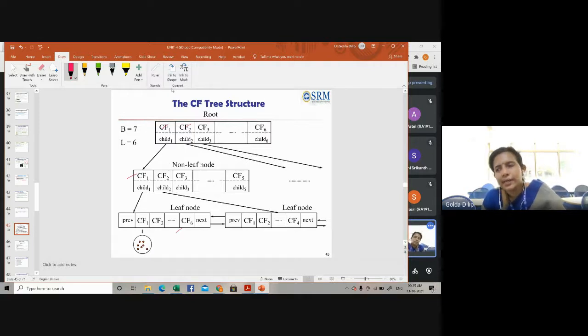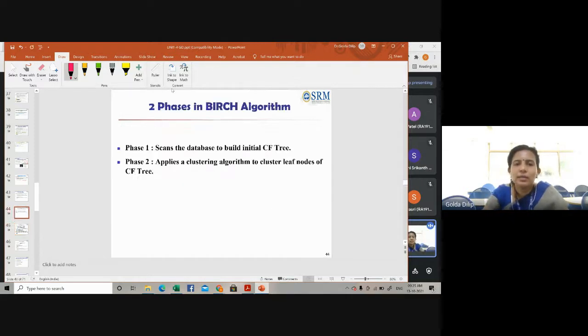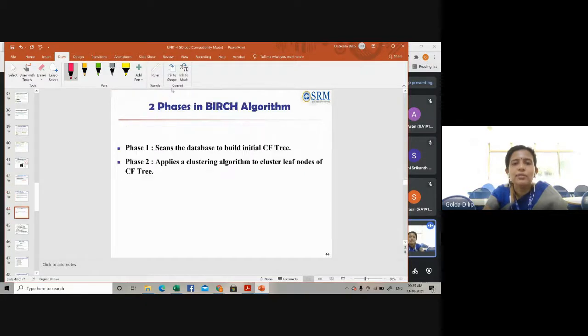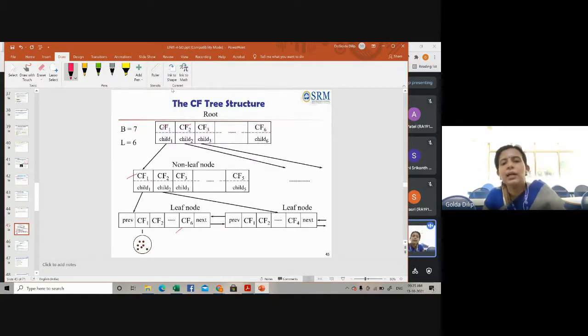From the data set that we have, we first compute the CF vector, that is the clustering feature vector, and then we construct the clustering feature tree. That's what we basically do in the Birch algorithm.